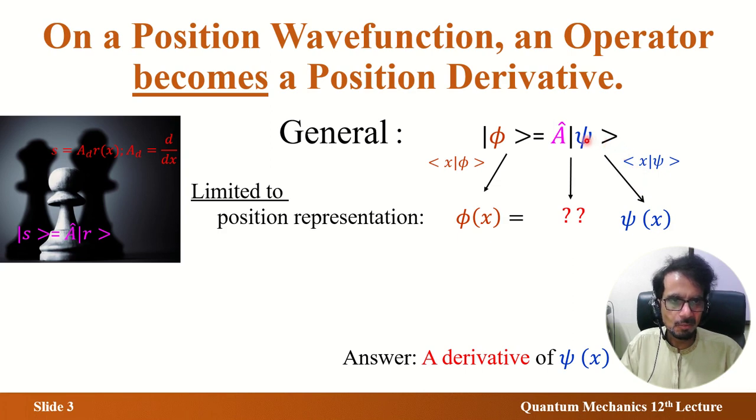In continuous, it becomes a function, or wave function if you want to use it for quantum mechanics. The result is also specialized in the same way: between two functions there can be what? A derivative. So that's another representation of an operator. In the previous slide I said matrix, and now I say derivative. And that is our actual topic in this course, because we are after a derivative.